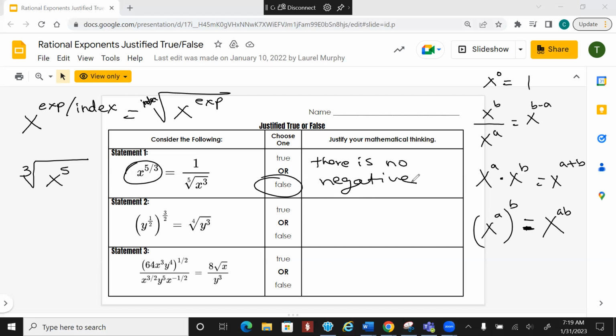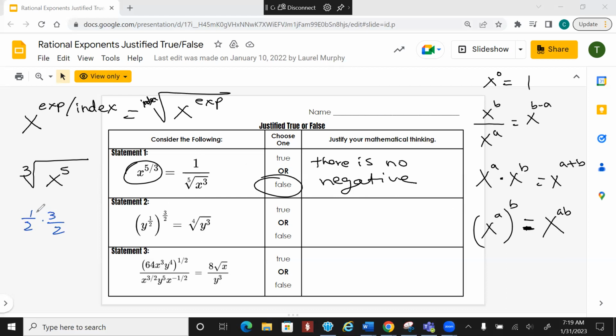Okay. On the next one, we have a power raised to a power. So what are we going to do? Multiply. Okay, so if we multiply, then that means that we're going to be 1/2 times 3/2.